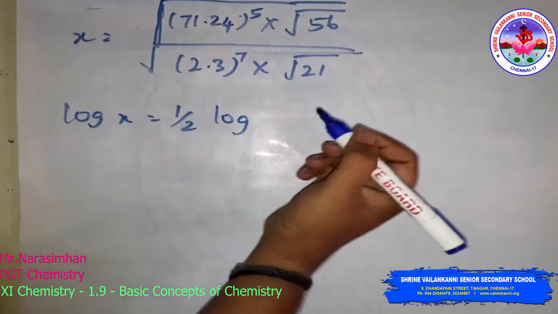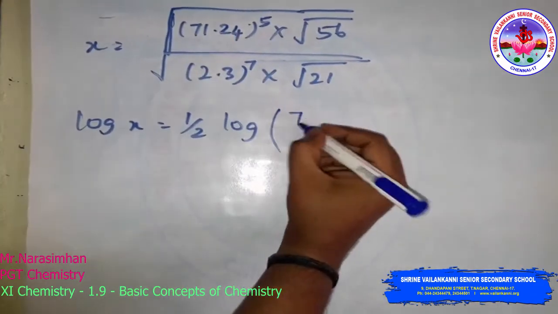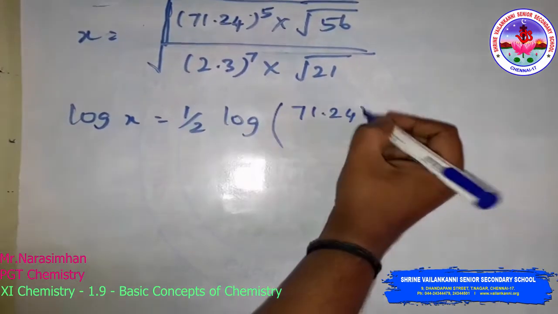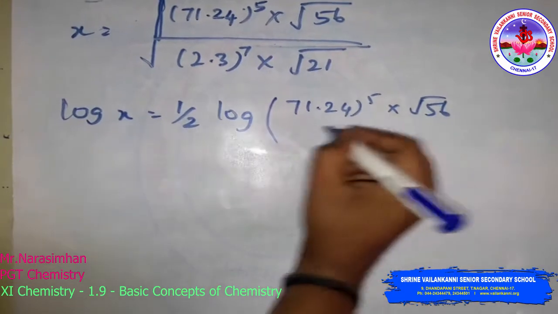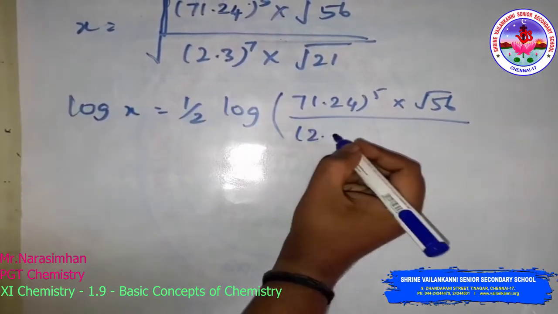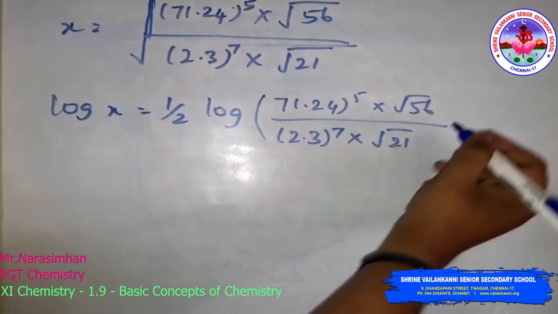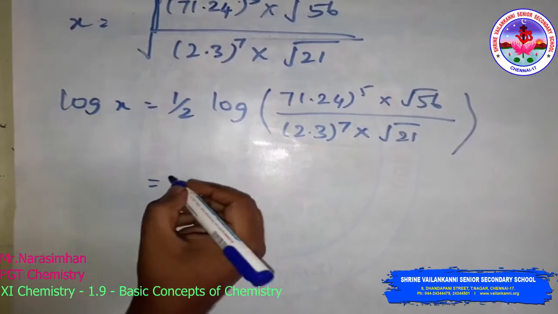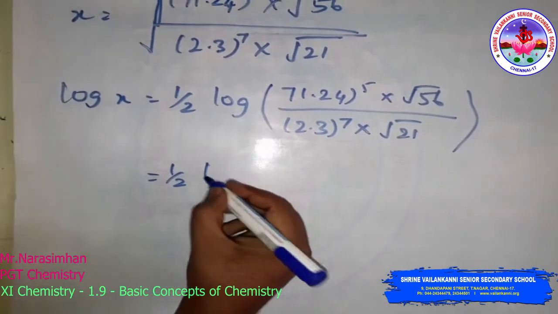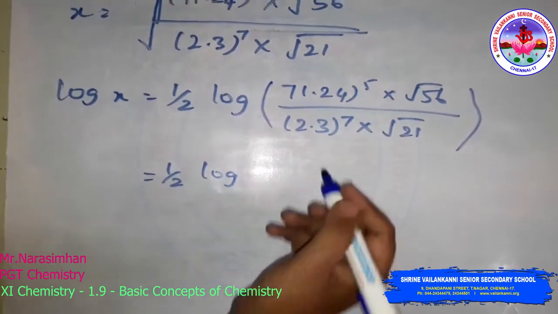log of 71.24 power 5 into root 56 divided by 2.3 power 7 into root 21. So finding this value, this is a division type.